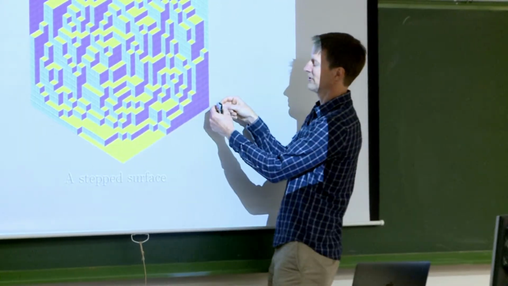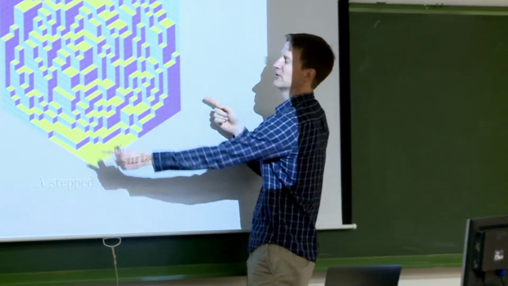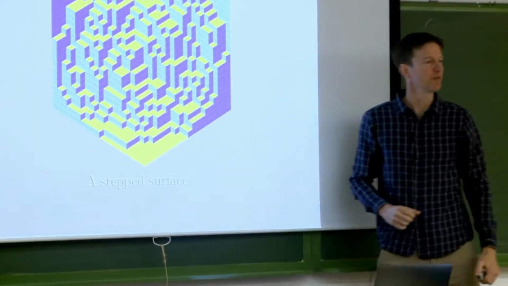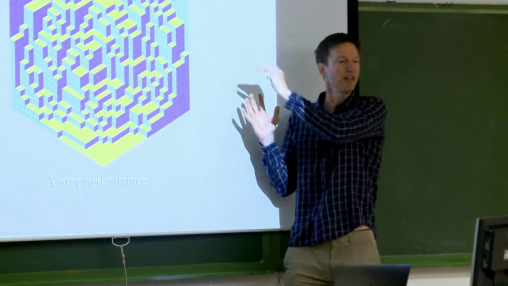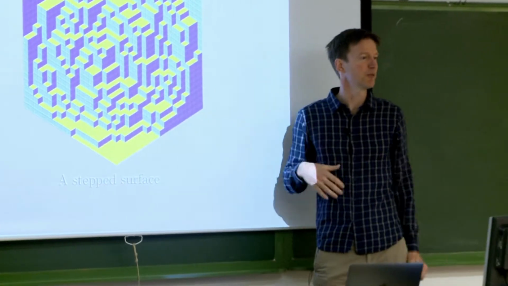In what sense is it a minimal surface? Think of the boundary here as a three-dimensional wire frame, and I want to span that wire frame with a surface where all the faces are unit squares from the cubic lattice.